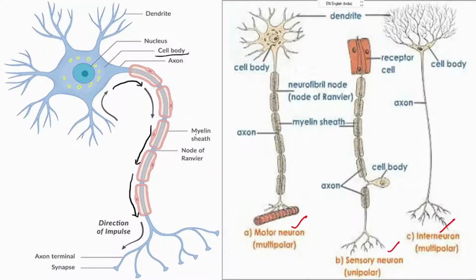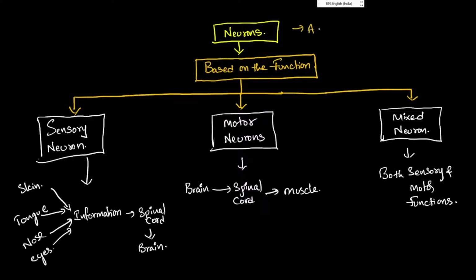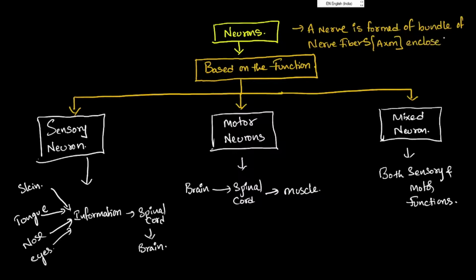Can I make a note of this? So the basic unit of the nervous system is the neuron. The basic unit of a nerve is nerve fibers. Nerve fibers are nothing but axons. Make a note like this: a nerve is formed of bundles of nerve fibers, that is axons, enclosed in a tubular sheath.